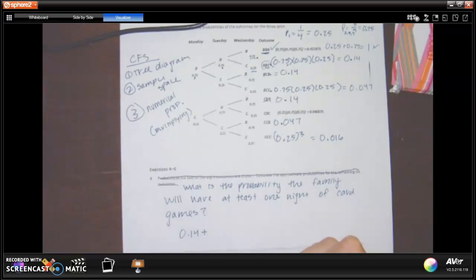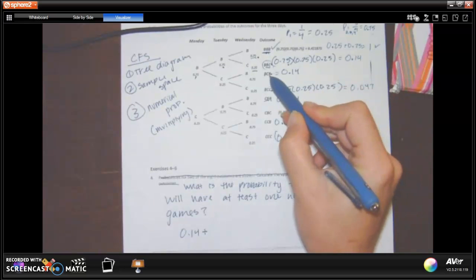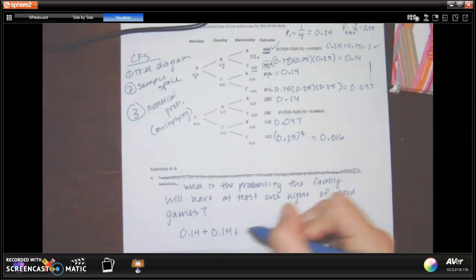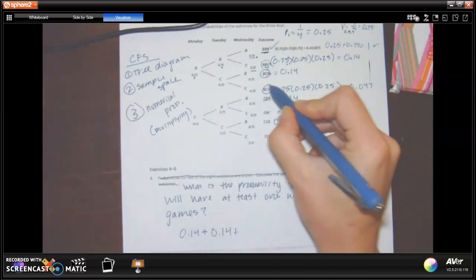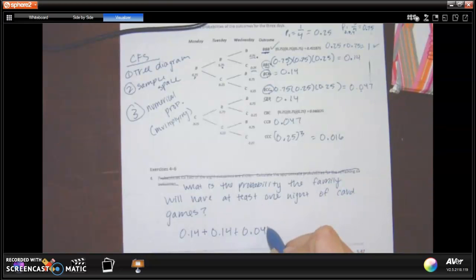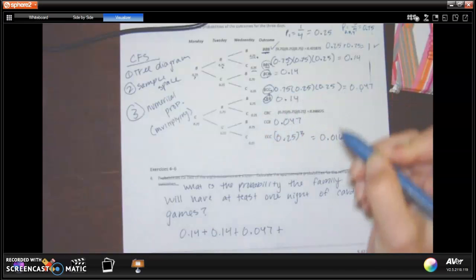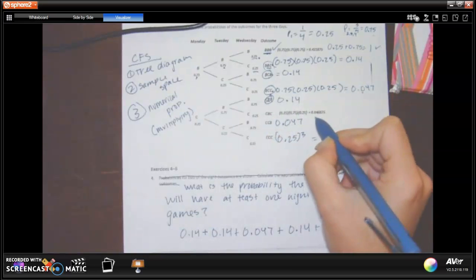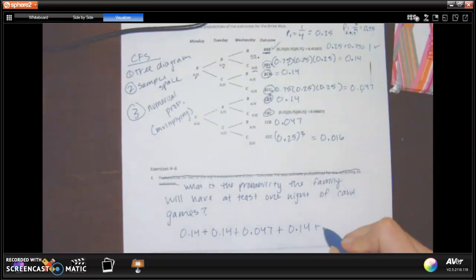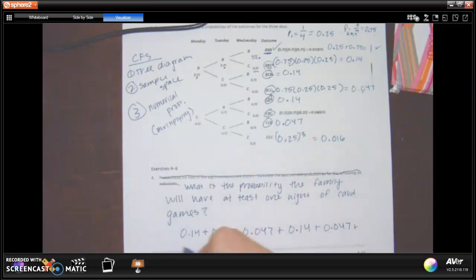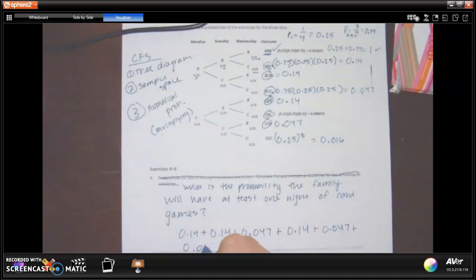And then I need to add that to the probability of the next outcome, which is 0.14. And then I'm going to add this outcome right here, the probability of this outcome, which is 0.047, plus the probability of this outcome, which is 0.14, plus the probability of this outcome, which is 0.047, plus the probability of this outcome, which is 0.047.